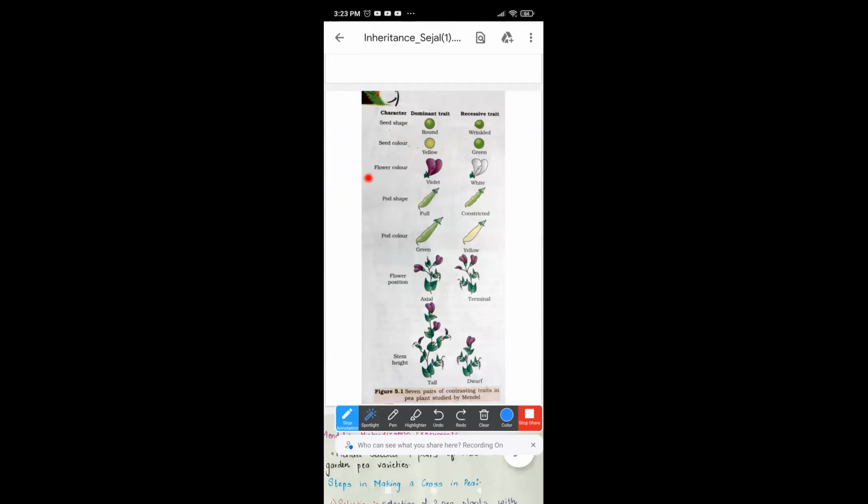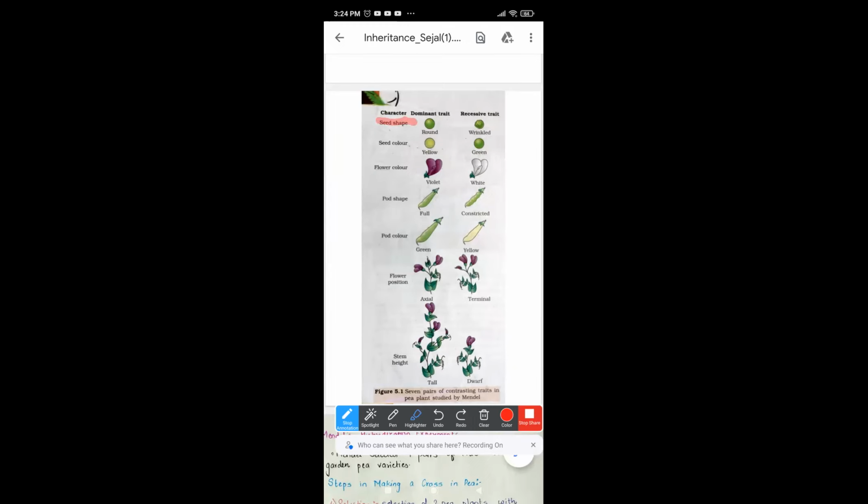Now, these are the seven characters, or seven pairs of contrasting traits, in the pea plant studied by Mendel. So first is seed shape.